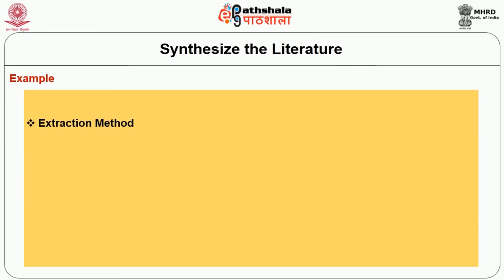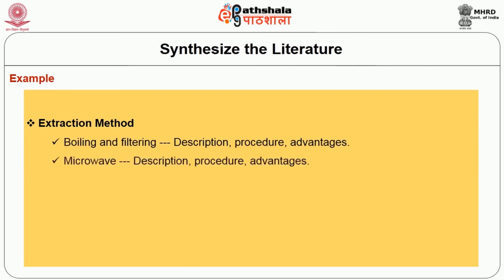The next subdivision can be extraction methods, wherein different types of extraction methods like boiling and filtering, and microwave can be selected. Under this also we can have subdivisions like description, procedure, advantages and disadvantages of the methods.